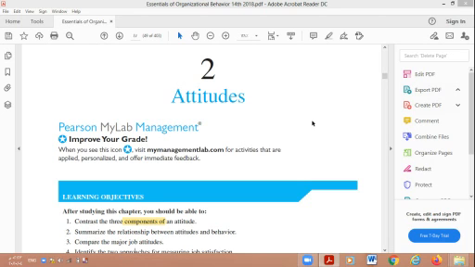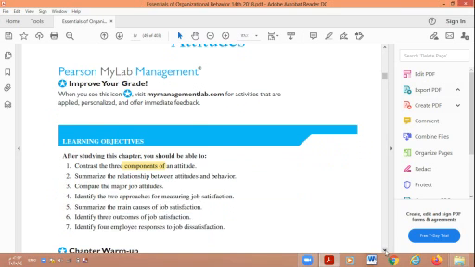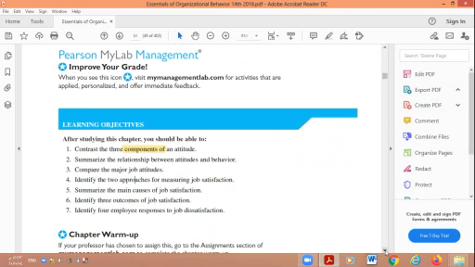Before we start to define attitudes, we want to know the main learning objectives of this chapter.